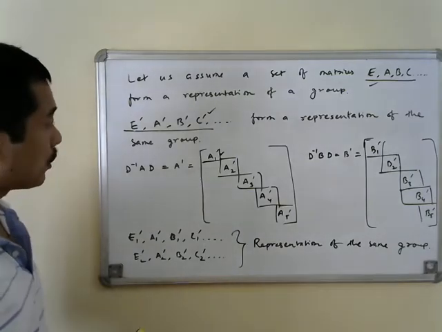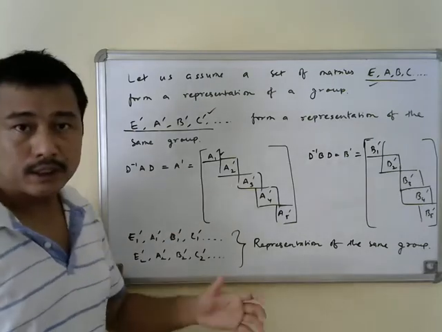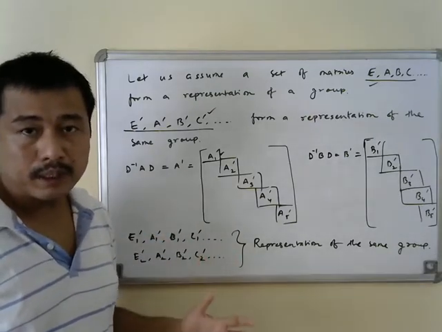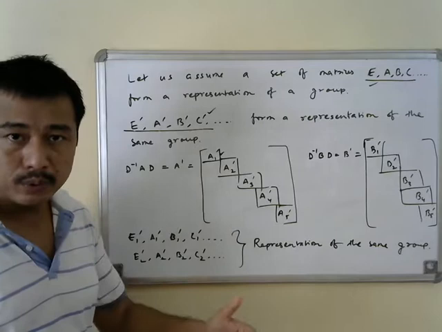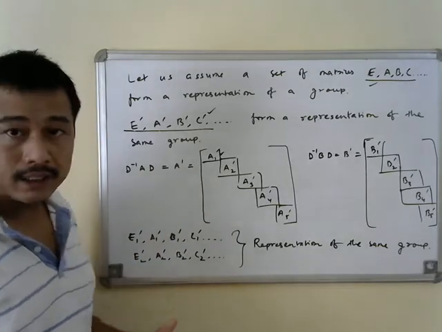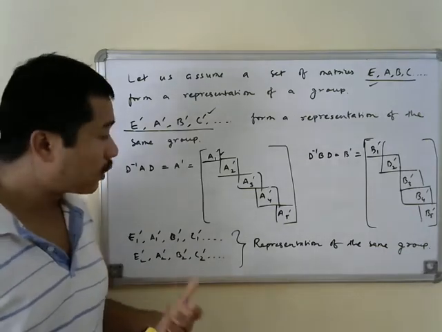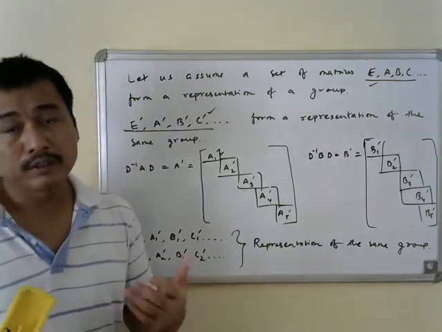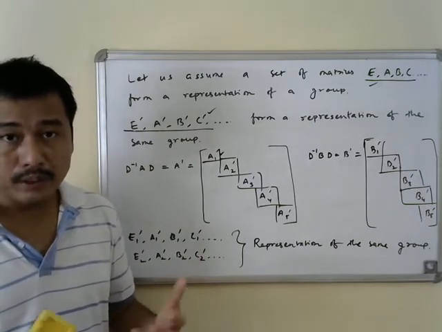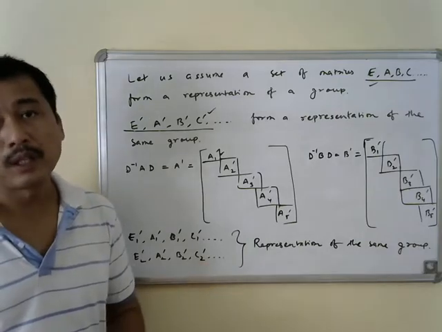Now, if it is not possible to find a similarity transformation to transform a matrix into a matrix which can be essentially block factored into matrices of smaller dimension, in that case that particular matrix is going to be called irreducible representation, because simply we cannot reduce it any further, or we cannot reduce the dimension of the matrices representing the group into smaller matrices.